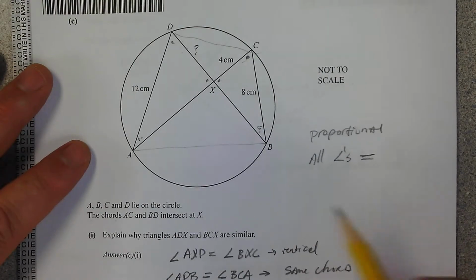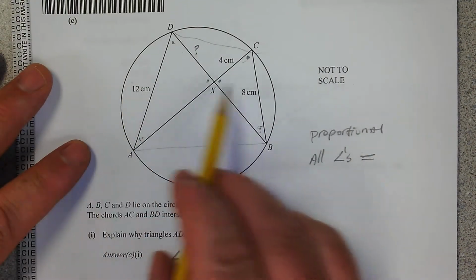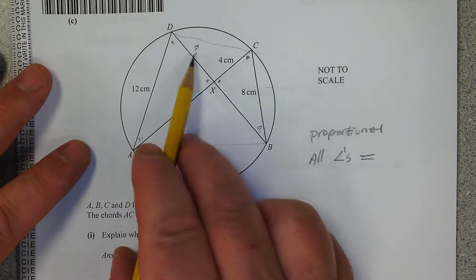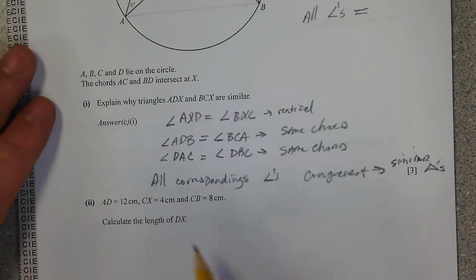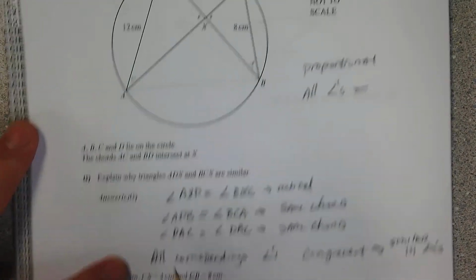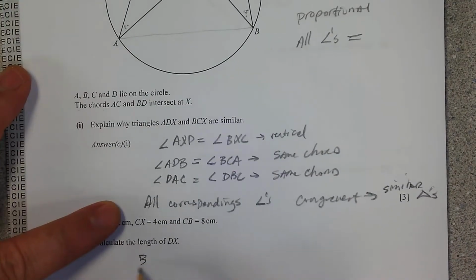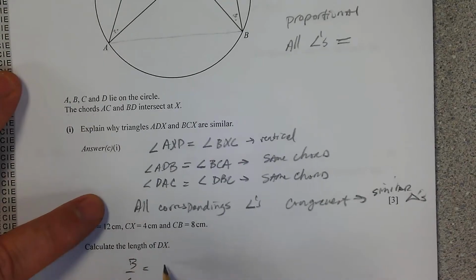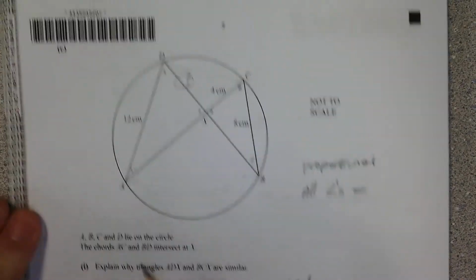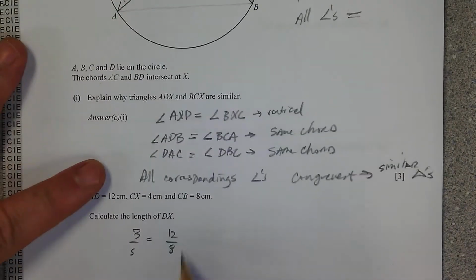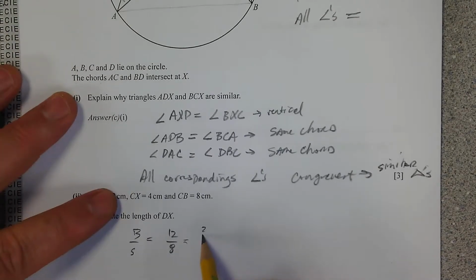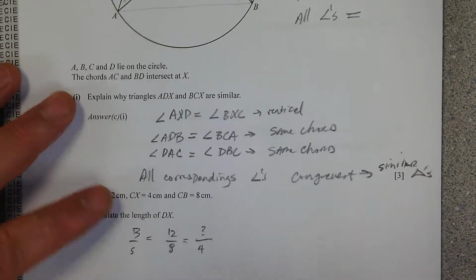Here's what we got. We know that these two are corresponding. We need DX. DX is in the bigger triangle, right? So I'm going to do big over small. And I know that 12 over 8, these are corresponding. So 12 over 8 is equal to the side I don't know divided by 4.